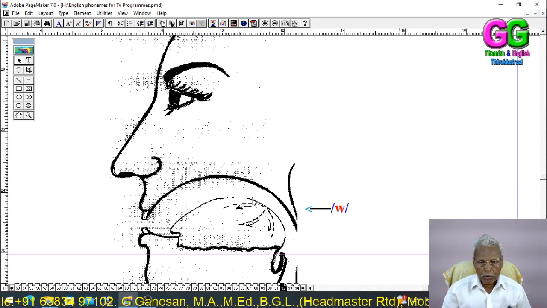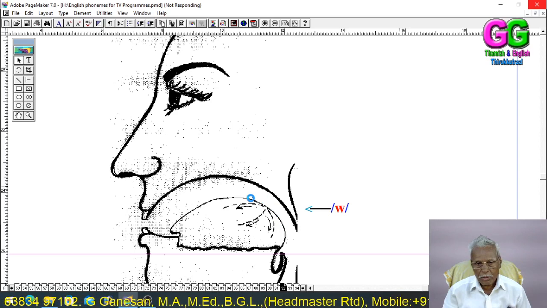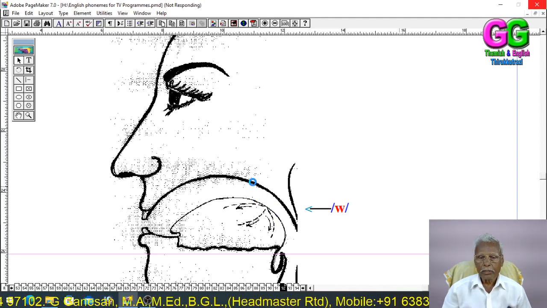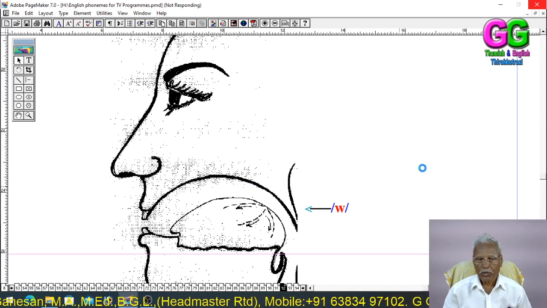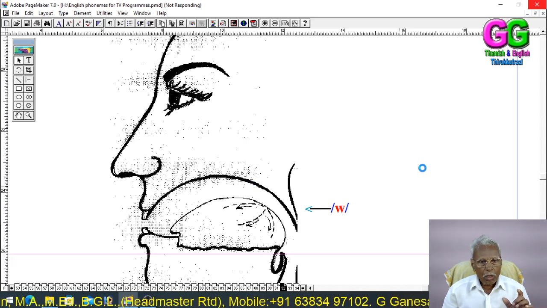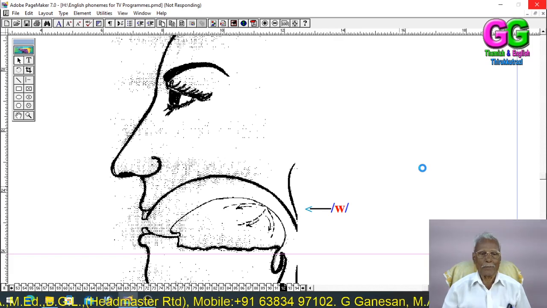Here, the two vowel phonemes U and U are produced.